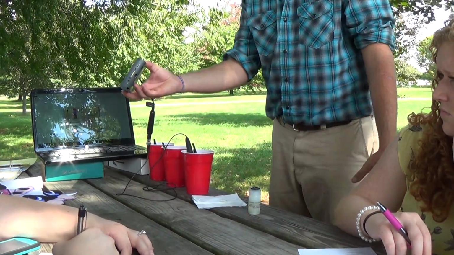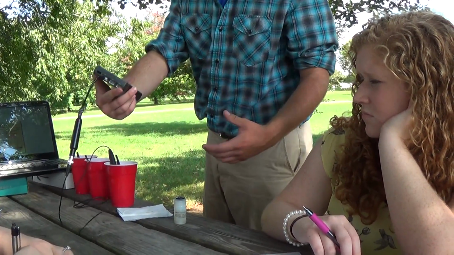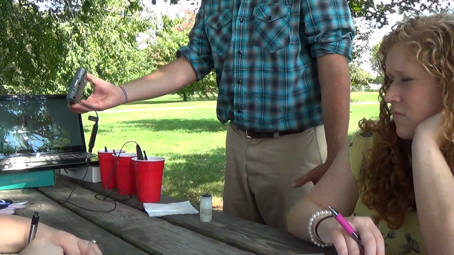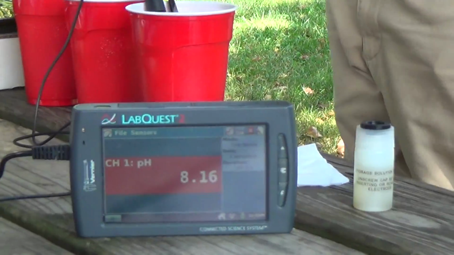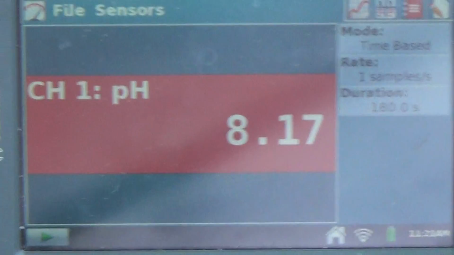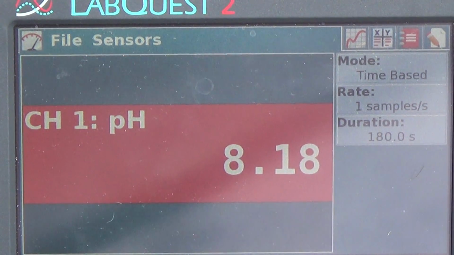Y'all can see how the regular water starts around 7, 7.5, and I've added some lime in there, and now it's at around 8. And for y'all that don't know the pH scale, 0 is the most acidic you can get, and 14 is the most basic.